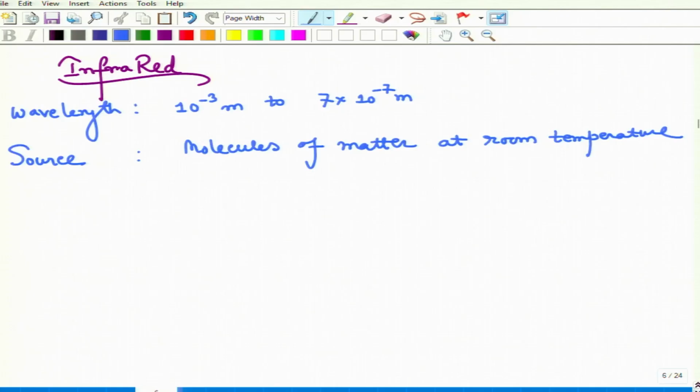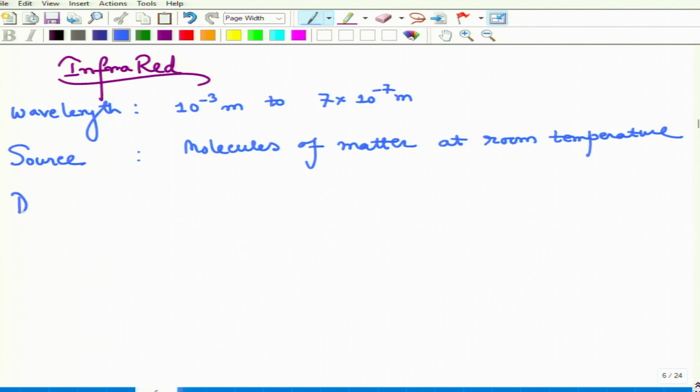That's why we can't see the infrared spectrum emitted from molecular vibration, but always due to molecular vibration, electromagnetic waves are emitted, and that is the source, infrared electromagnetic wave. Okay, so that is the source.